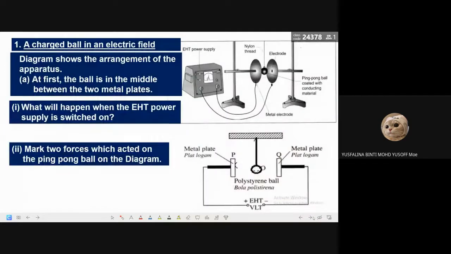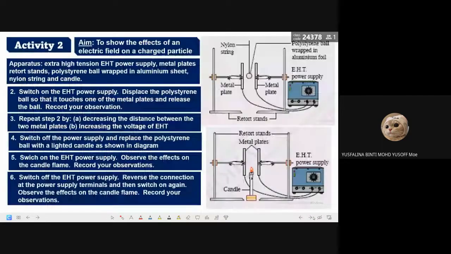So this is the experiment. The first one they use the candle, the second one the candle. The first one they use a polystyrene ball. So what is actually happening here?